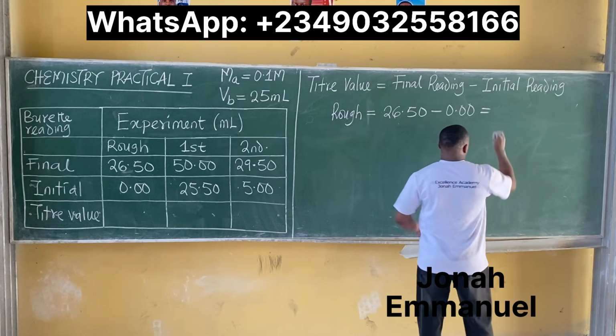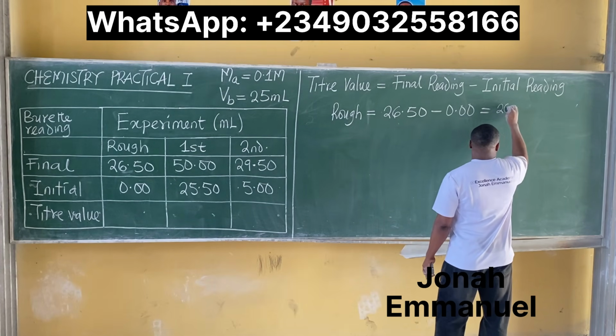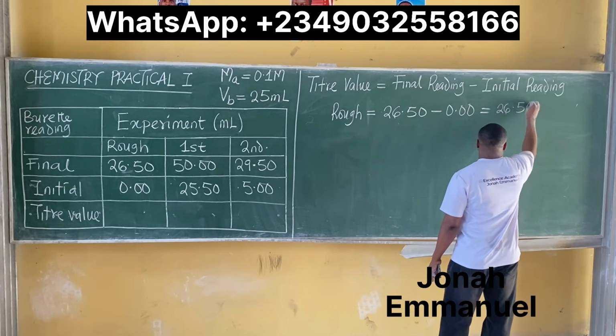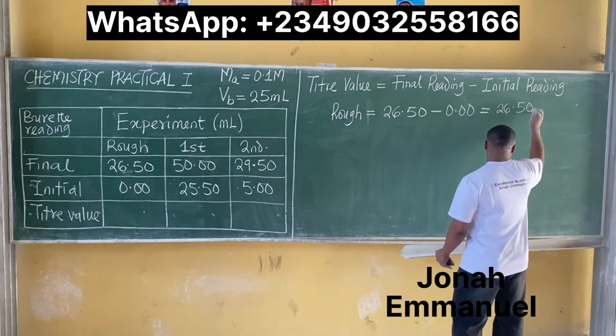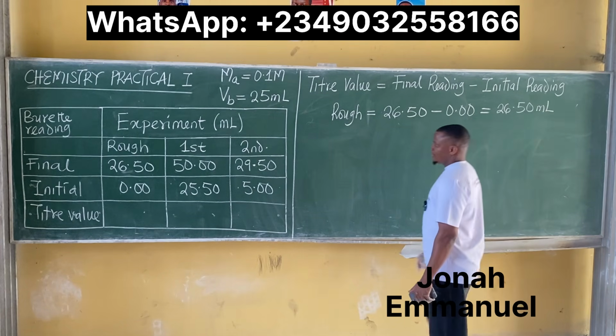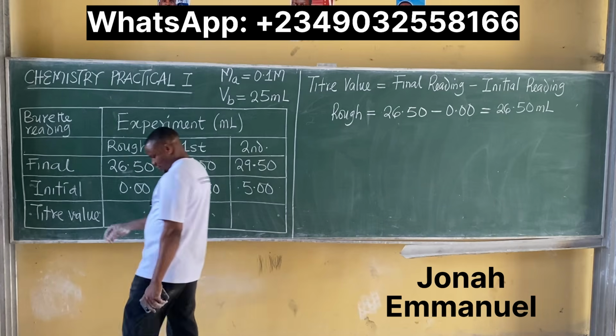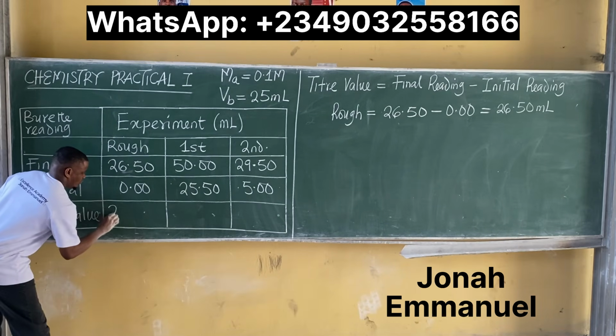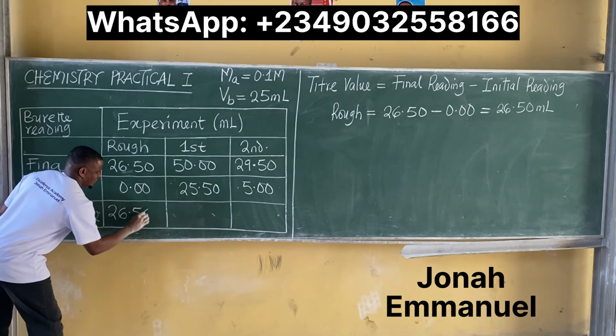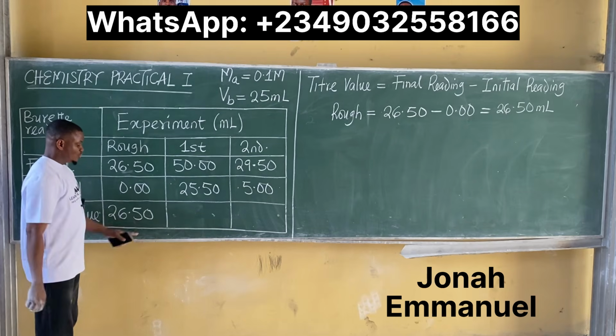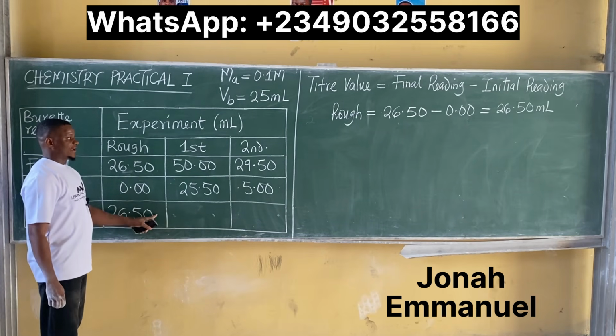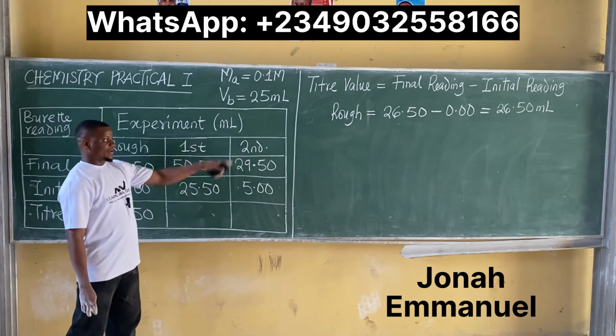This minus this gives you 26.50, of course in milliliters. So I'll come here and write this as 26.50. I've done the first part. You don't have to put milliliter here because it has already been indicated here.